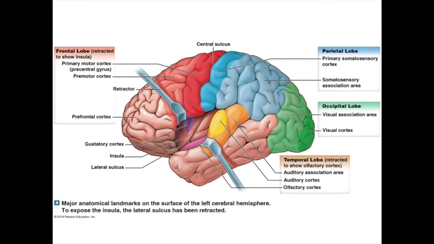We'll speak in a little bit about what primary areas are, but for now, let's just keep it that way. Posterior, in the postcentral gyrus, we have the primary somatosensory cortex, the cortex that primarily deals with sensation of the body. Somato, body, sensation.